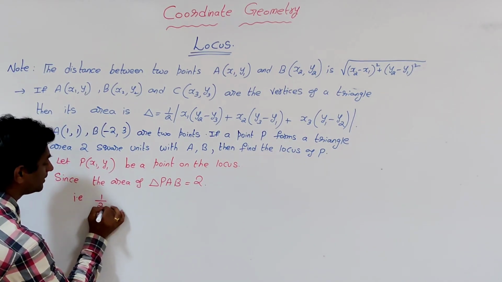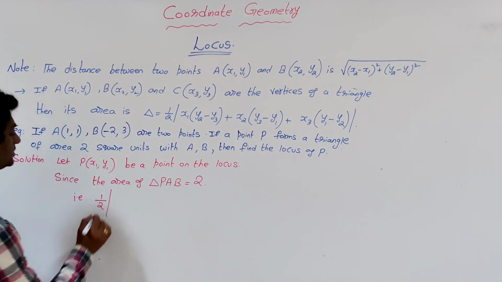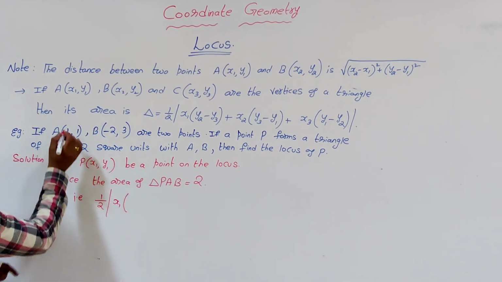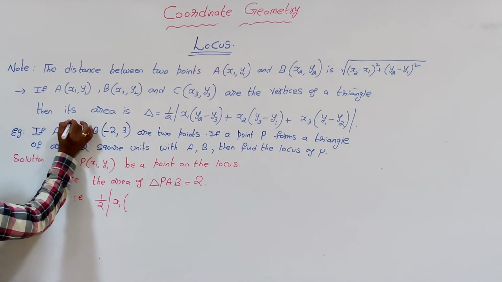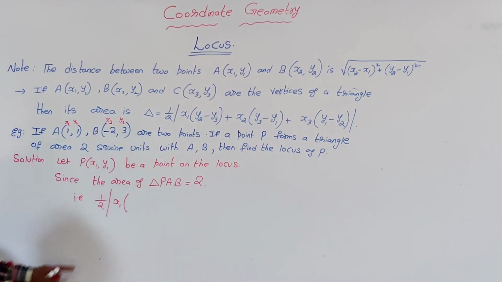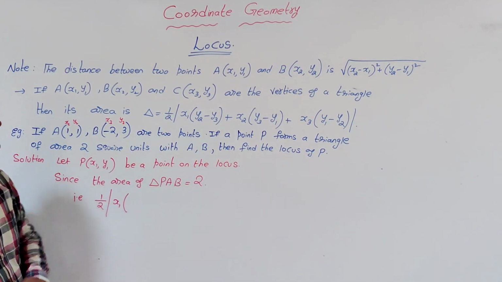That is 1 by 2 times x1 times (y2 minus y3).